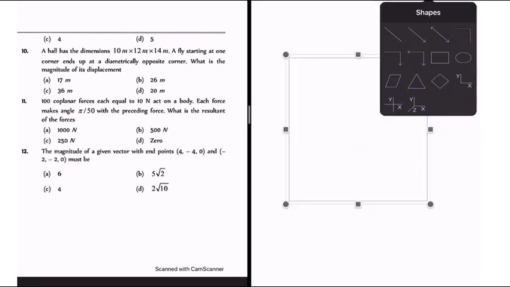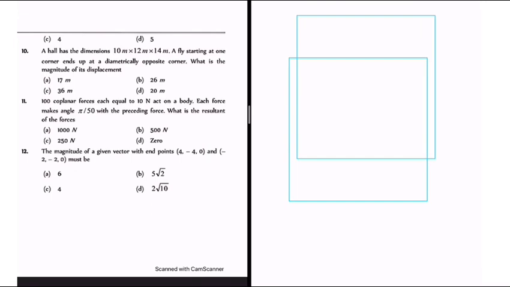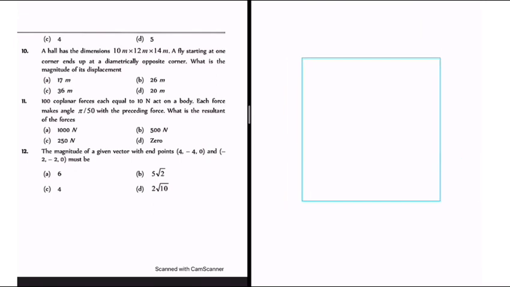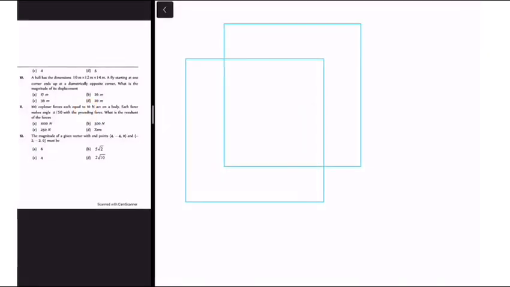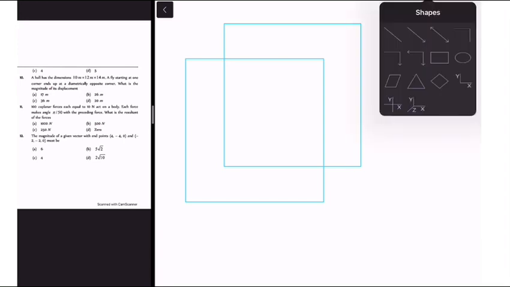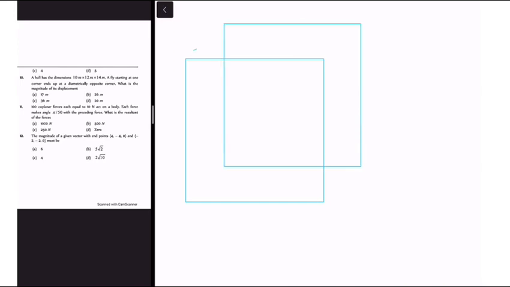So this is the hall and these are the sides. Okay, and the sides are say 10, 12 and 14. So this is 10 meter.